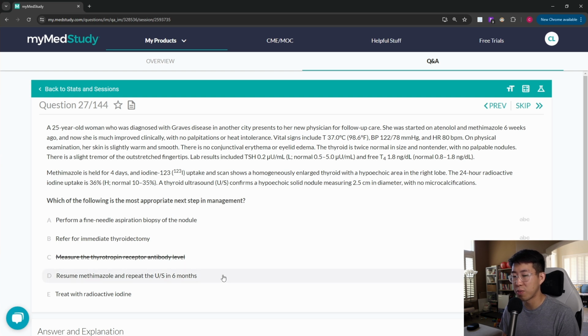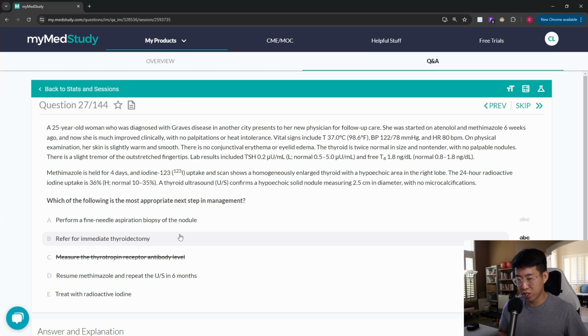Resume methimazole and repeat the ultrasound in 6 months would be helpful if potentially some of these nodules are related to Graves' disease and might get better, but that doesn't sound super convincing to me. I think maybe this nodule is just incidentally also noted there. Radioactive iodine also seems a little bit aggressive to me. And then immediate thyroidectomy also seems a little aggressive.